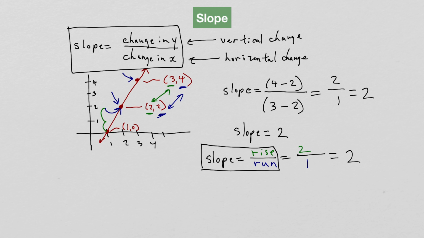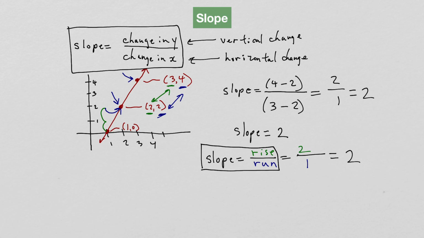The first definition, where the slope is equal to the change in y over the change in x, is helpful when you are given 2 points, 2 coordinates, and you have to calculate the slope. In the second definition, slope equals rise over run, that technique becomes important when you don't have 2 points, when you only know 1 point on a line and you have to find the slope.